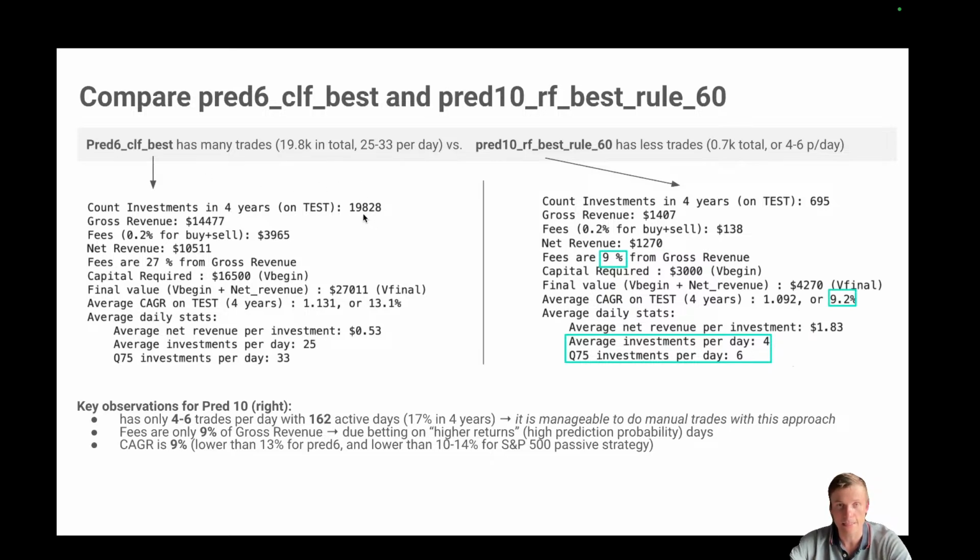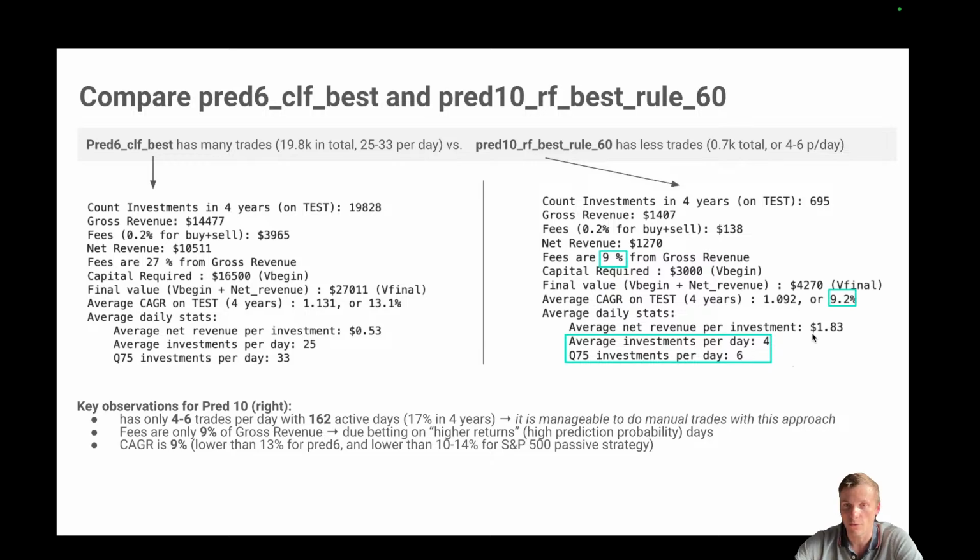It had 19.8 thousand investments in the test period, while prediction number 10, which is a very limiting prediction, targets only a few deals, and it is only 695 cases.